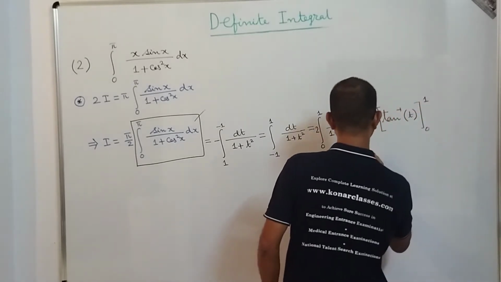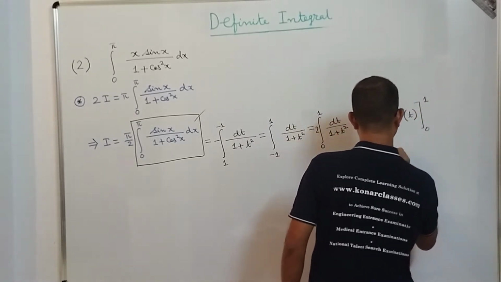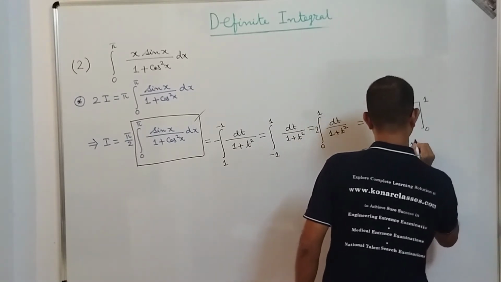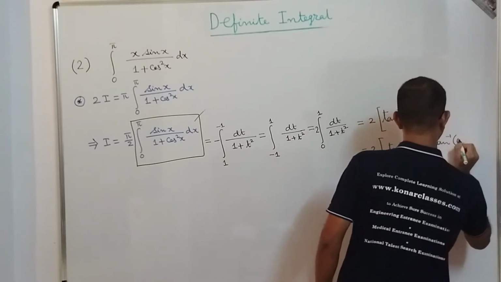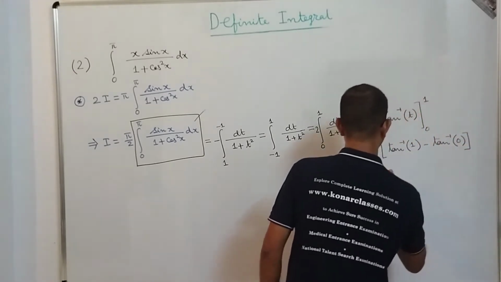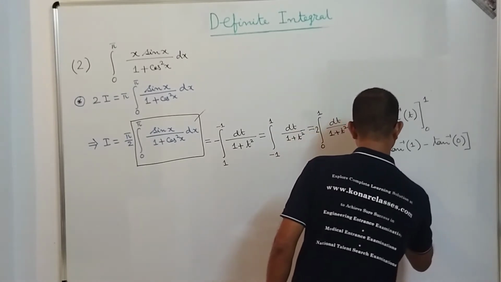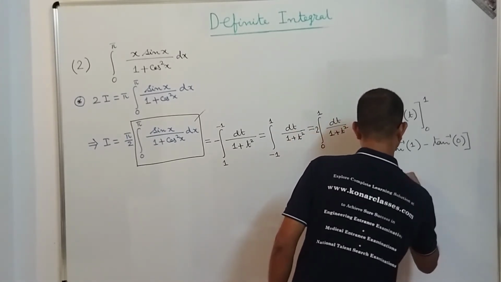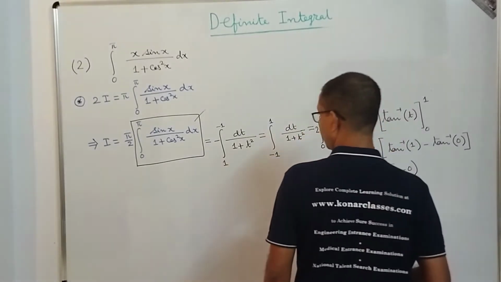First we apply 1, so 2 into tan inverse of 1 minus tan inverse of 0. Tan inverse of 1 is what? Tan inverse of 1 is pi by 4. So 2 into pi by 4 minus 0. Okay, so what we get?